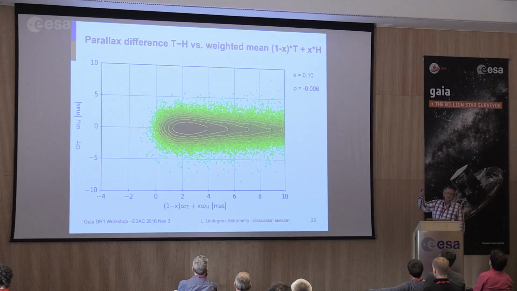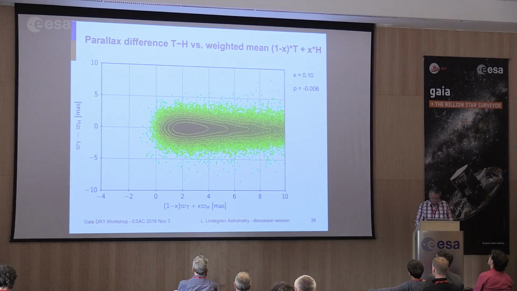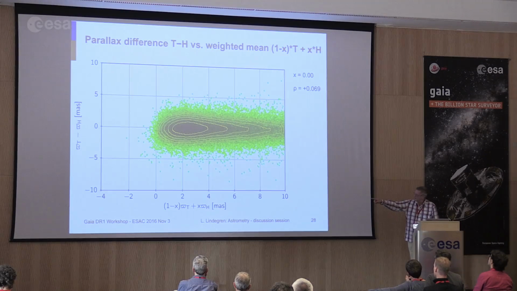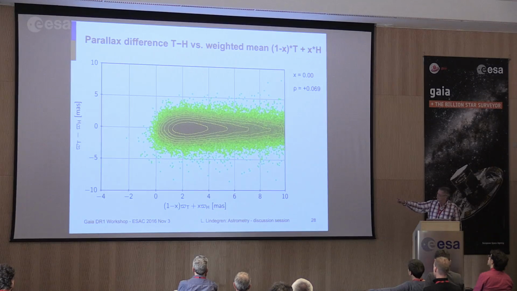And that corresponds to X equal 0.1. If I decrease it further, you can see that there starts to be a positive correlation. In this case, I have the Gaia parallax on the horizontal axis, X equal to 0.